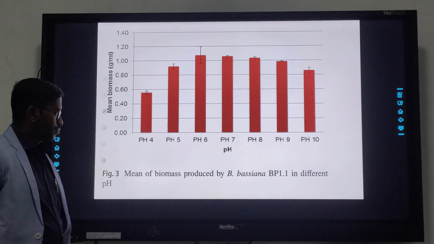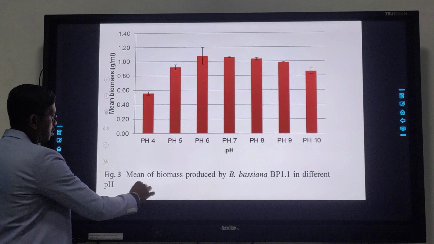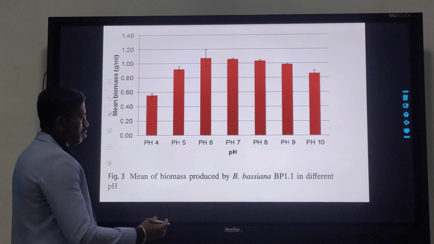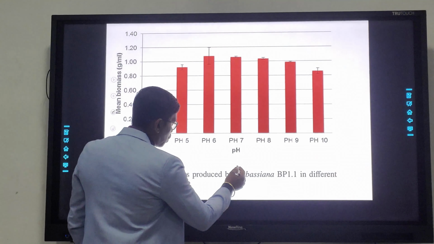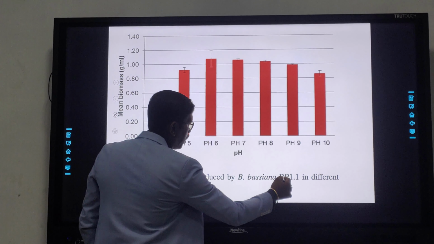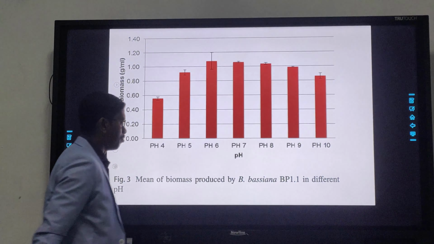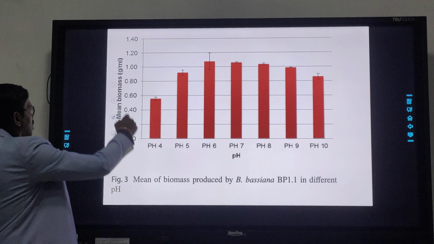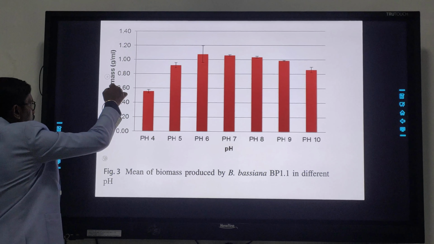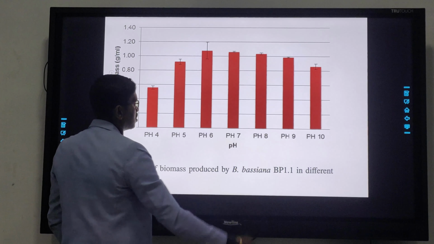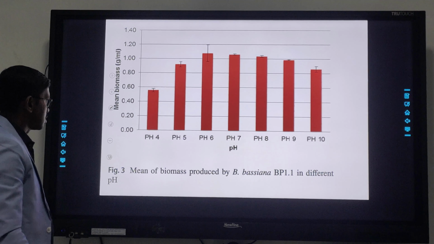This is another graph with a self-explanatory title, but the author should mention the full form of B as well as the code for BP 1.1, then it will become a more perfect title. Here the author has given a good legend for the y-axis as well as x-axis, but unknowingly some mistakes are there.